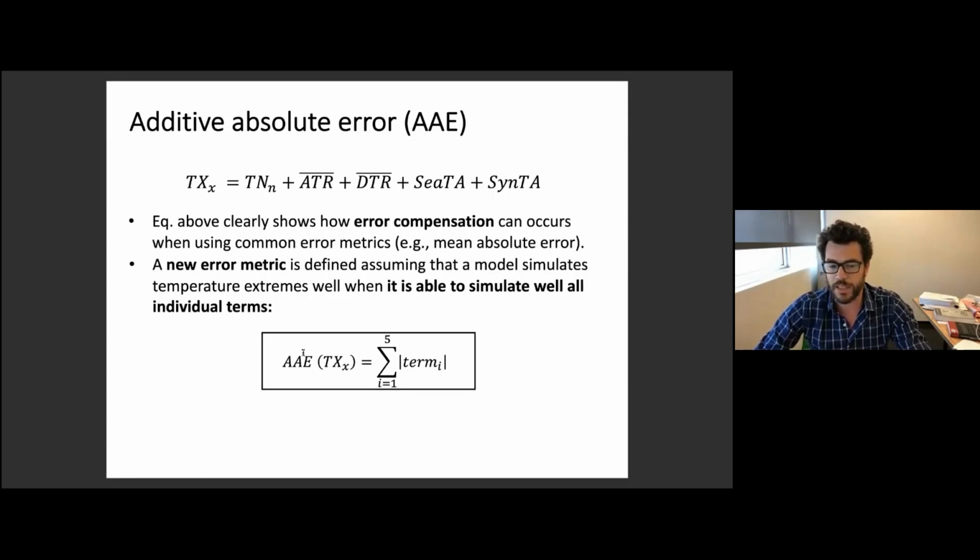So in that case, this AAE will be 0 only if the error in each of the individual terms is 0. In some way, this error metric does not allow error compensation inside the error metric.